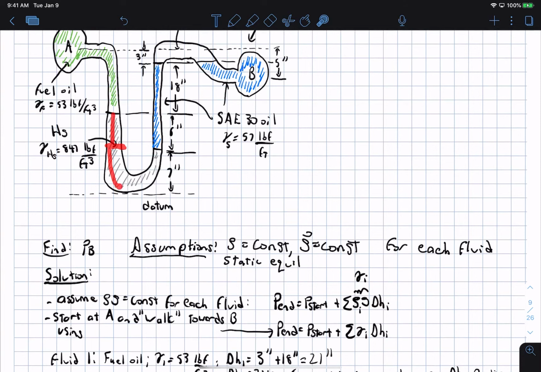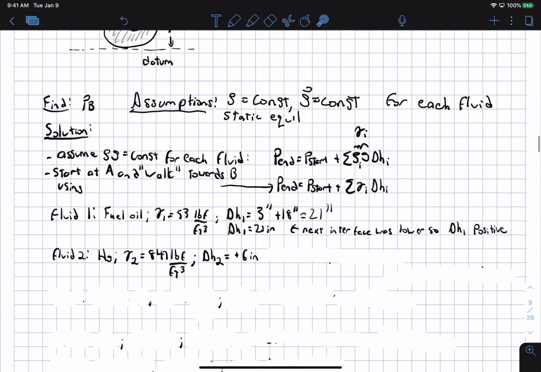Then I'm going to go down 7 inches, over, then up 7 inches again. So these 7 inches here cancel out with the 7 inches over there. So on net, I've gone down 6 inches. Okay.